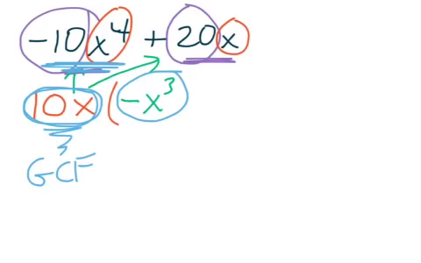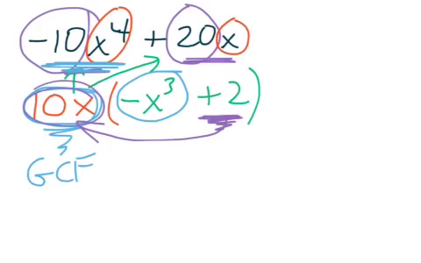So let's see what's next here. Well, all I need now is a plus 2. Again, follow the purple. Notice that a reason why I picked 2 here is because 2 times this 10x gives me the 20x.